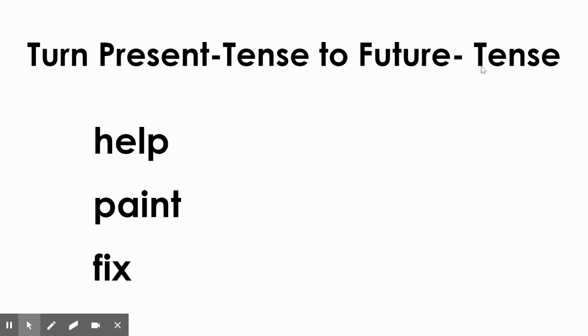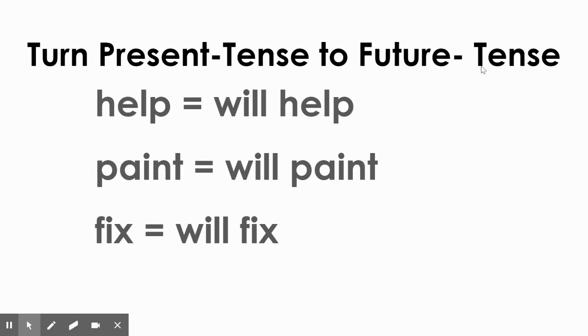Do you remember? That's right. I add the word will before each verb. Will help, will paint, will fix. To make those verbs future tense verbs, I will help you tomorrow. I will paint my room next week. I will fix the leaky sink next week. Adding the word will shows that this action will happen in the future. It has not happened yet.